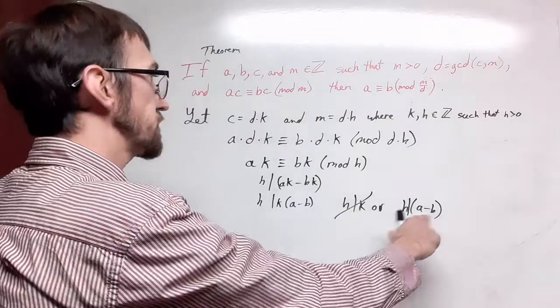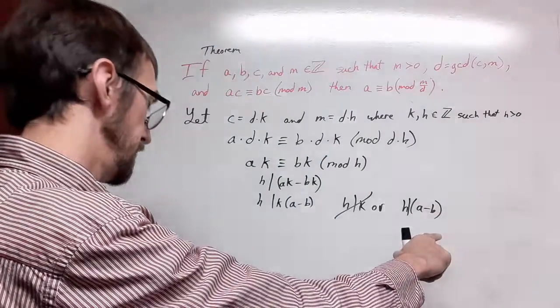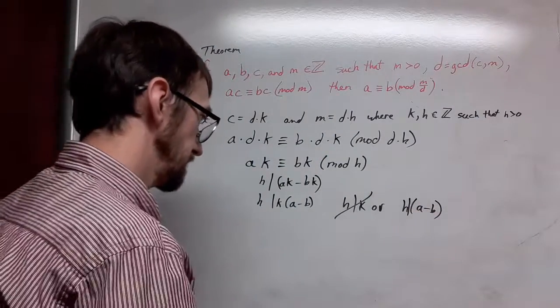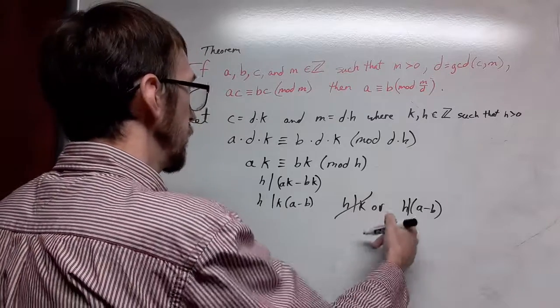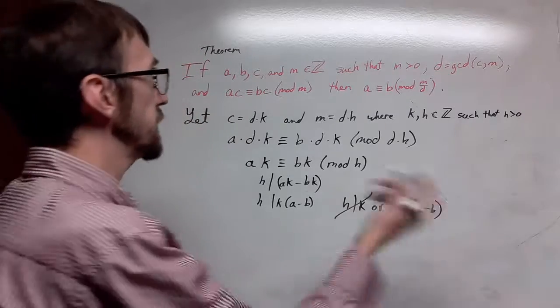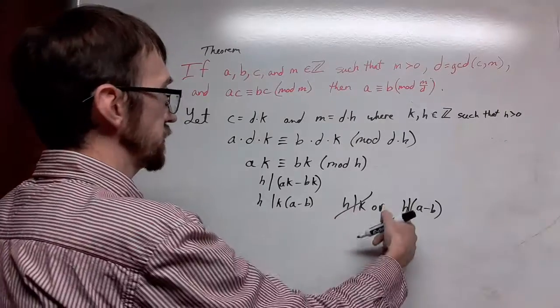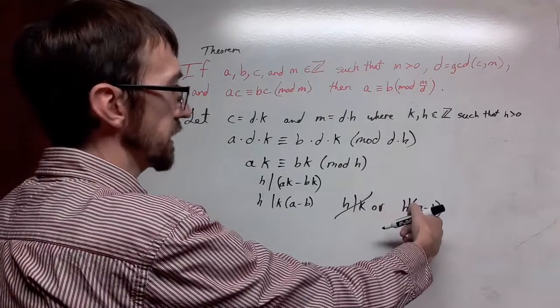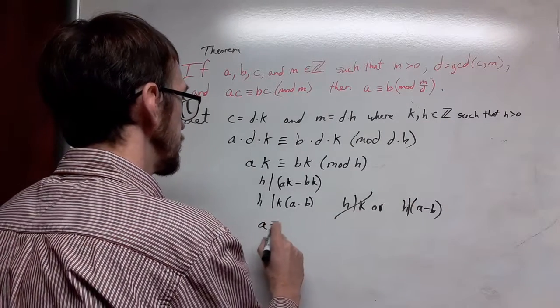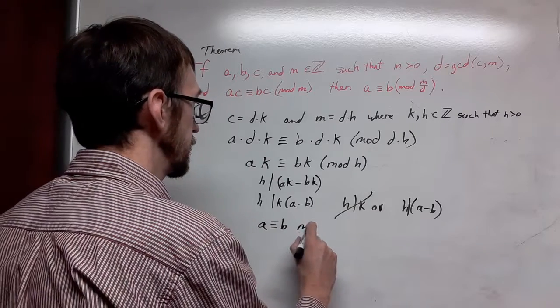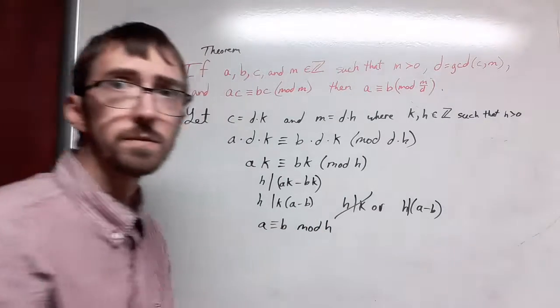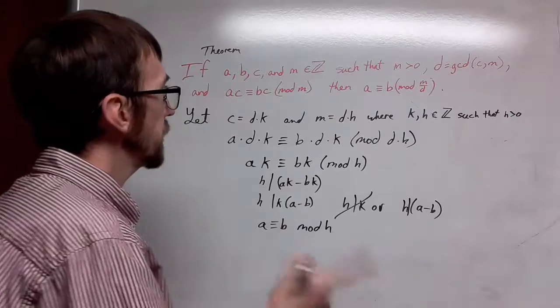That leaves us with h dividing a minus b. So by definition again, we're going to use the definition in the reverse order. Since h divides a minus b, then a must be congruent to b mod h. But what was h?